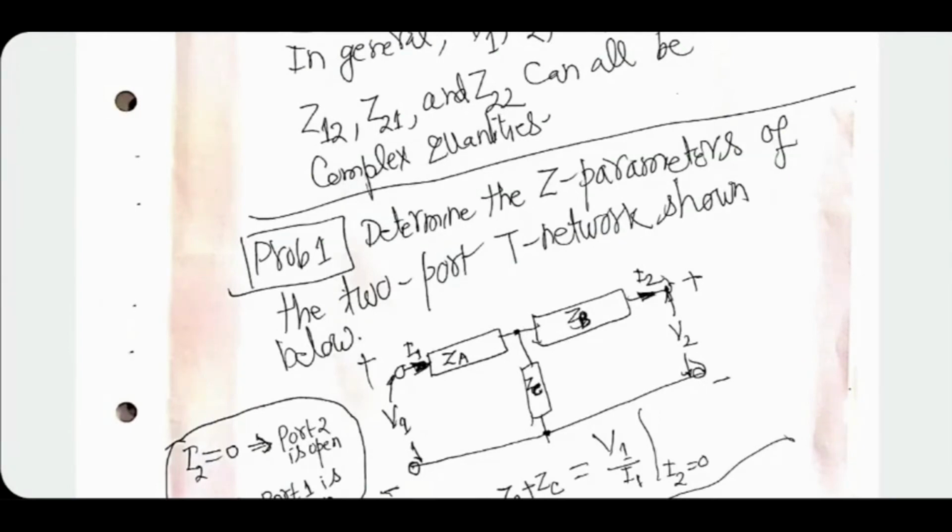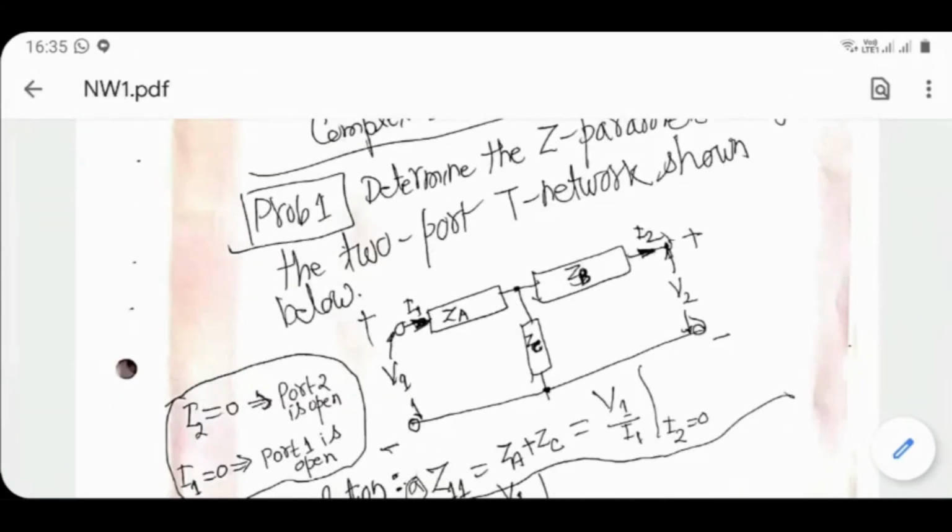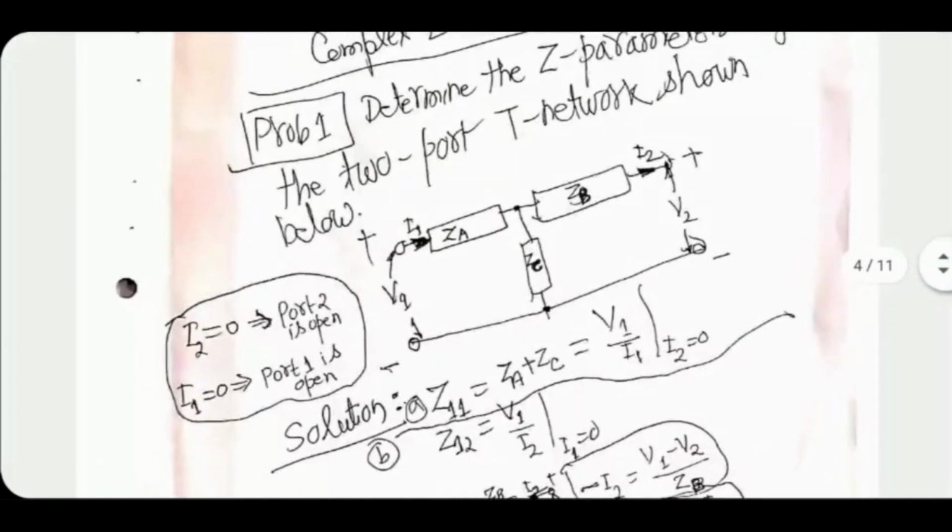If I open circuit the output, what will be the ratio V1 to I1? Obviously, it would be ZA plus ZC because no current is flowing in ZB. The circuit would reduce to simply a series combination of ZA and ZC. So Z11 is pretty easy to figure out. If I know ZA and ZC, I can, in theory, predict Z11.